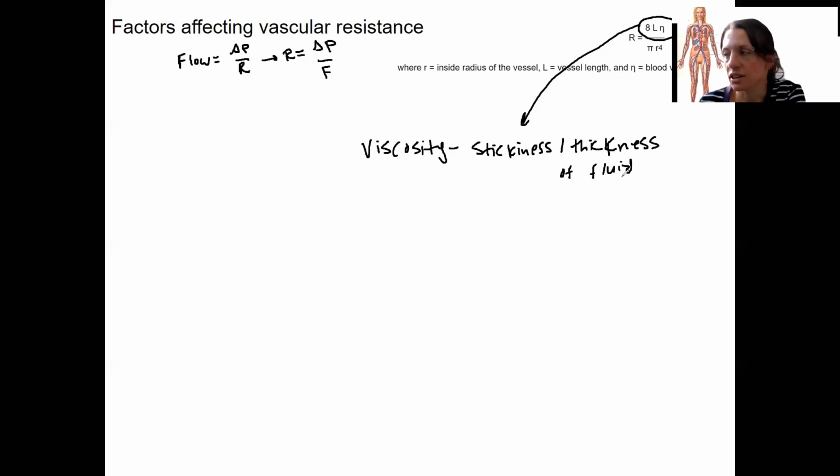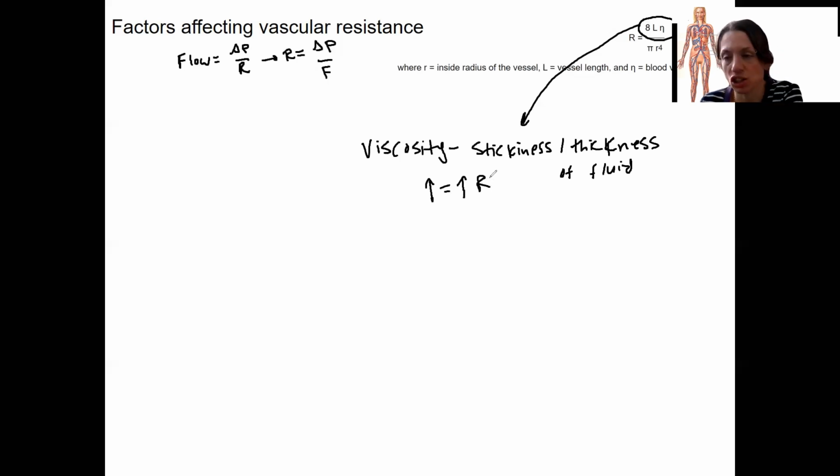There are conditions such as polycythemia, which we looked at, excessive numbers of blood cells, and that can increase resistance if you have too many red blood cells. But under normal circumstances, this isn't a variable that's going to change a whole lot in one individual. In cases of anemia, that could potentially change. So again, increased viscosity equals increased resistance.